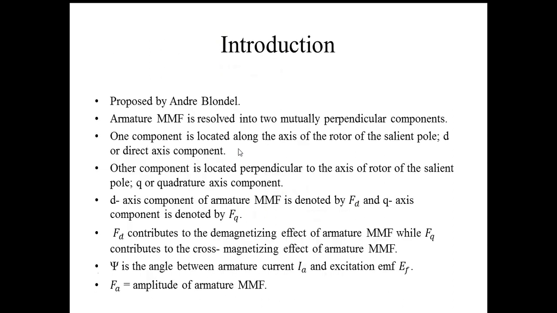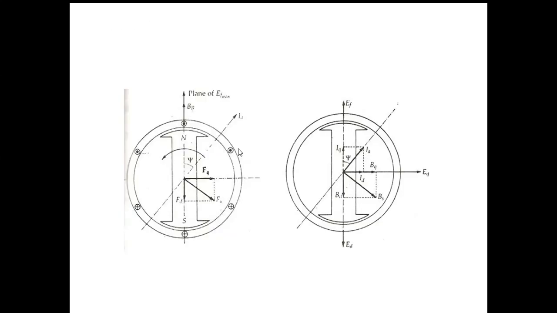So we can say that the armature MMF is basically produced because of this. Now, since in the case of synchronous machines the armature is present on the stator, that is why we are calling it armature MMF, because supply is provided to the stator in this case, which is nothing but the armature.